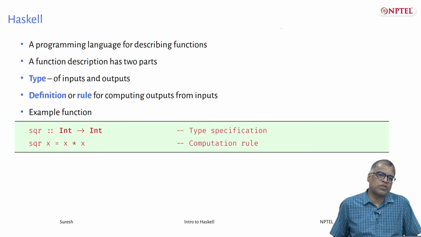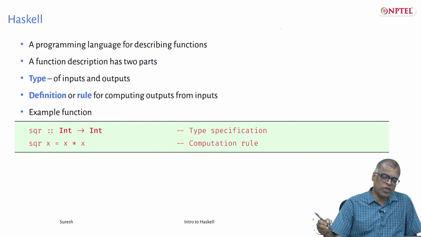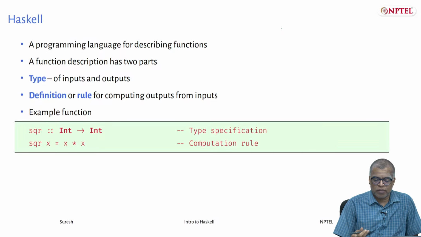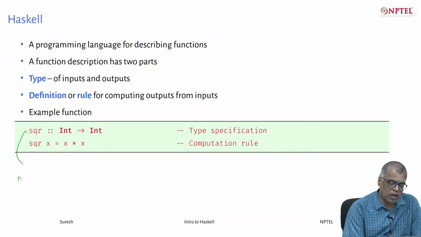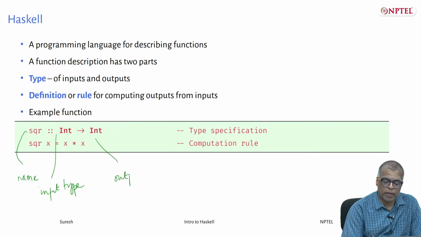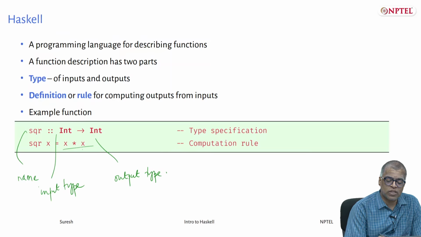Just to recall, here is a simple function. Square is the name of the function, and its input type is int. Square is the name. This is the input type. This int is the output type. X star x is the rule.